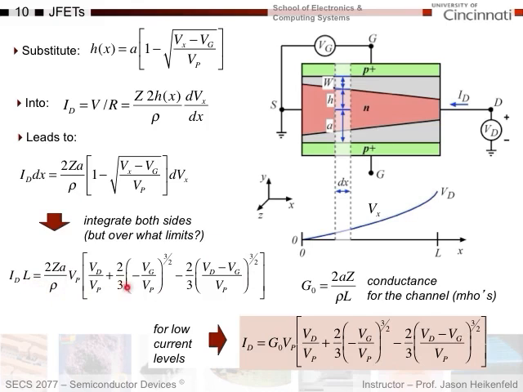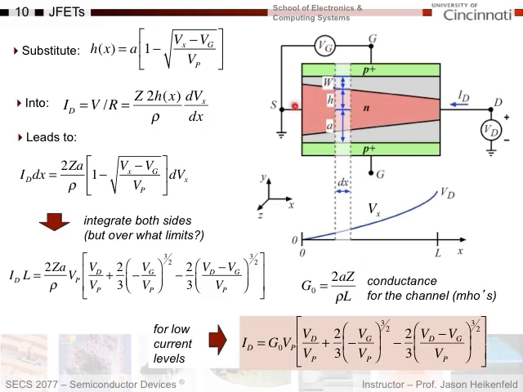I'll move L back to the other side, and I'll end up with the following equation, which is accurate for my drain current through this device at low current levels. This term G naught, I just basically grouped the terms A, Z, rho, and L all into G naught.